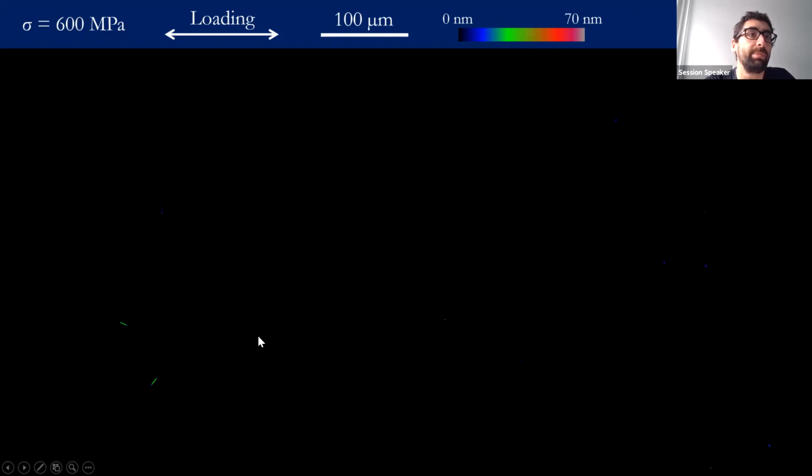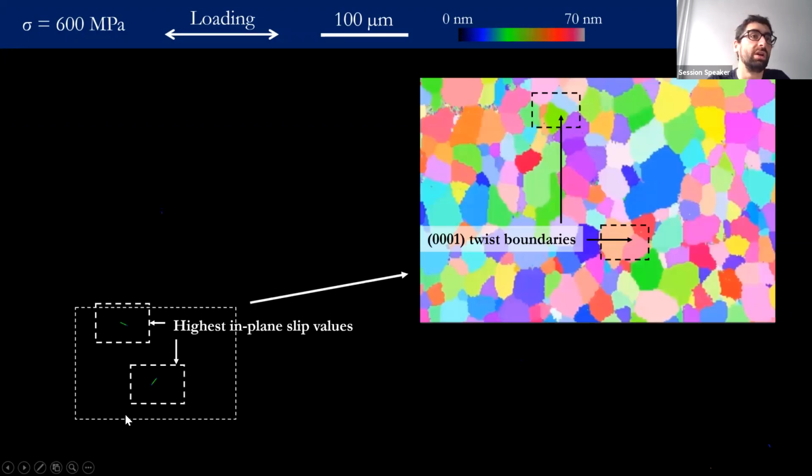At the first loading step, the first slip traces are located here, and examination of the microstructure surrounding these slip events reveal the presence of 0001 twist boundaries at these high in-plane slip values. This observation reveals that this 0001 twist boundary seemingly favors early slip activity and pretty intense strain localization.